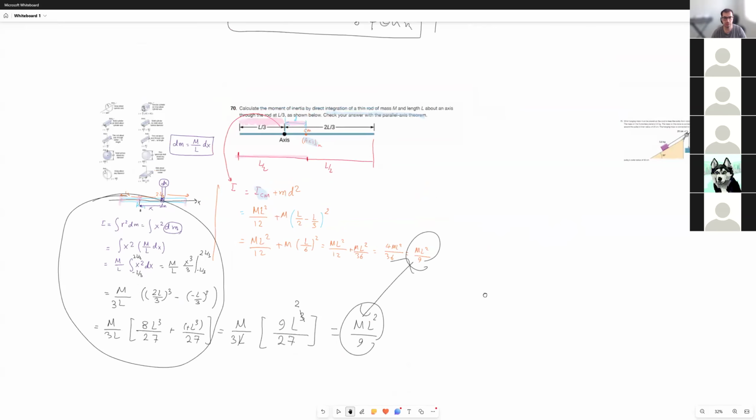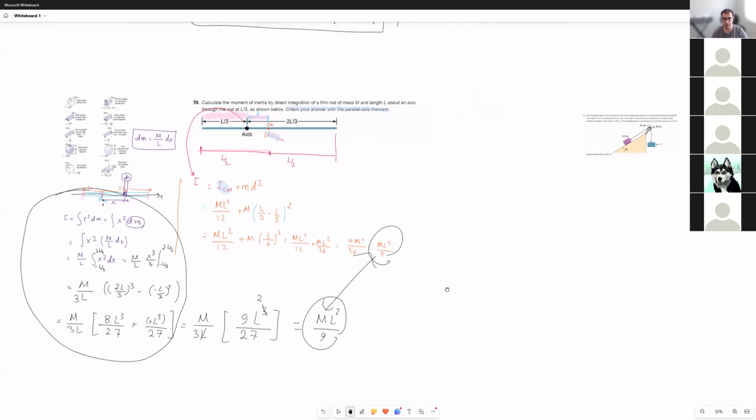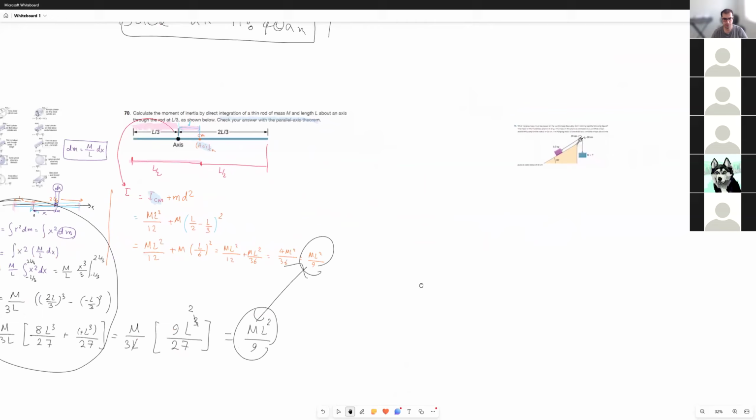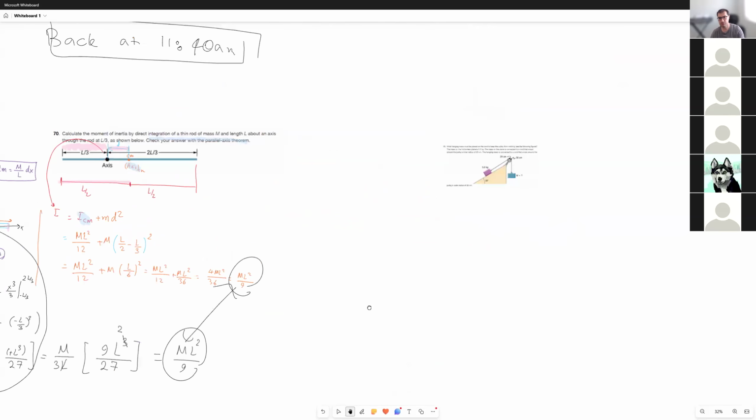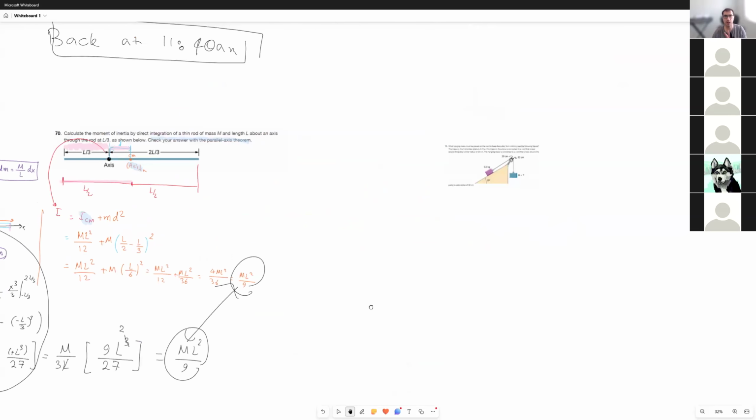It's good to know how to take these types of integrations. But mostly what I will ask, I expect you to know how to apply the parallel axis theorem, which we have practiced through the last 3-4 examples. Moving on to the last problem.